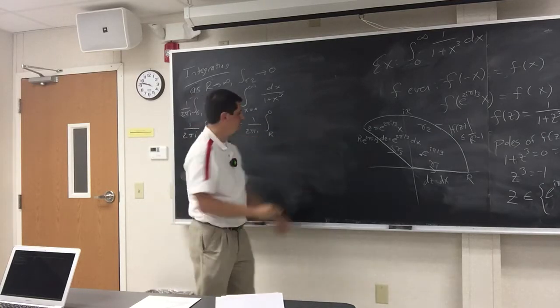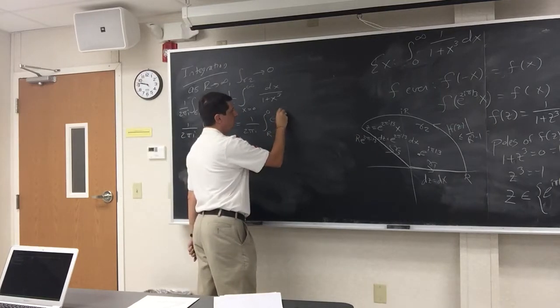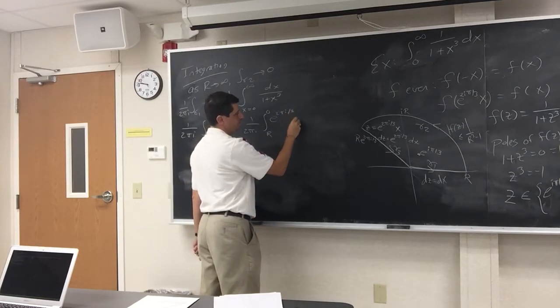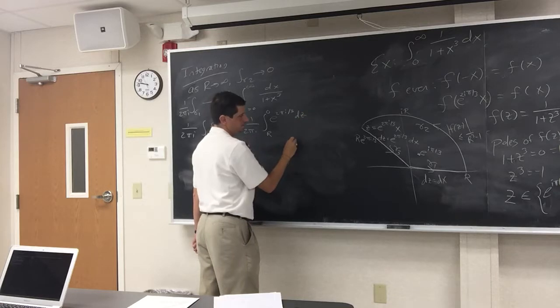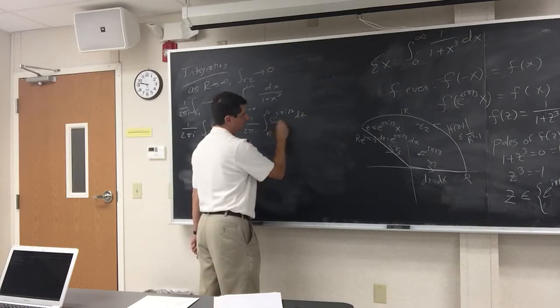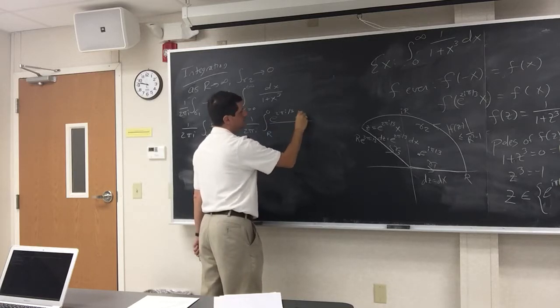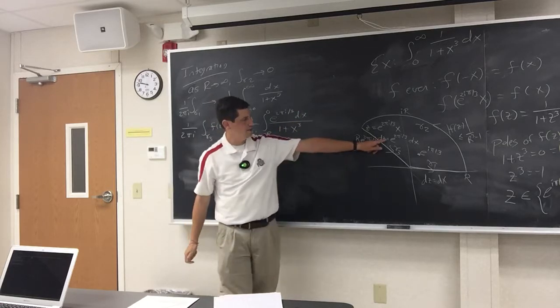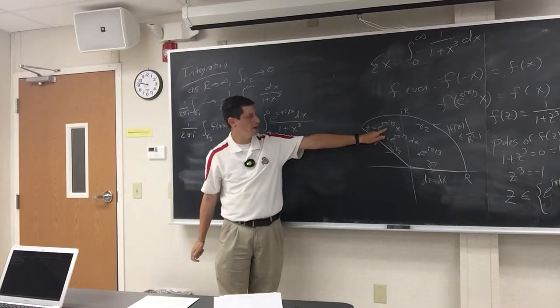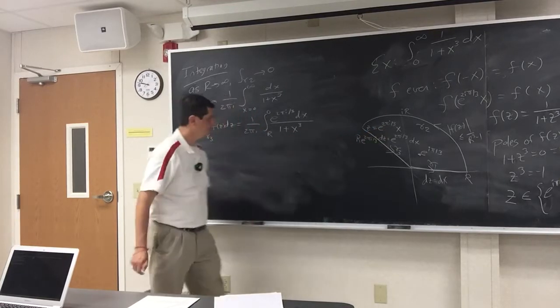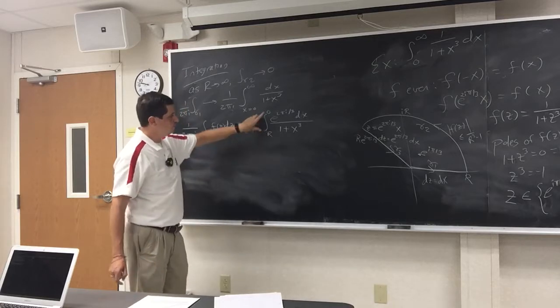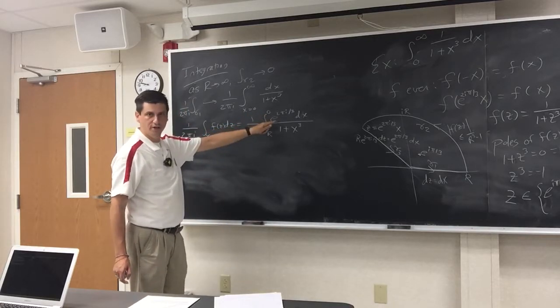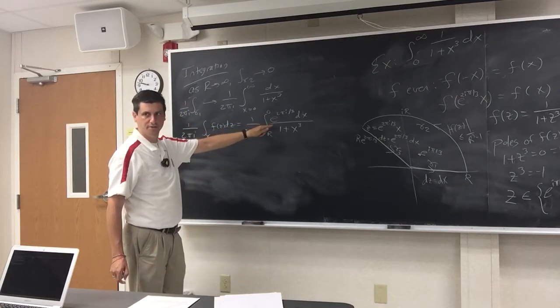Now here dz is e to the 2 pi i over 3 dx, over 1 plus x cubed. And now we're using the fact that if we take z equals e to the 2 pi i over 3 x and we cube that, we just get x cubed. Okay, well, if we flip the order, that just introduces a minus sign.